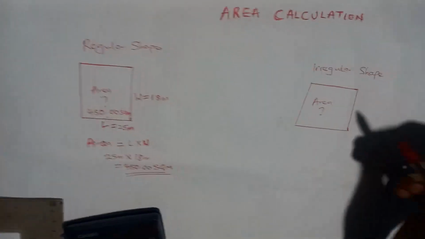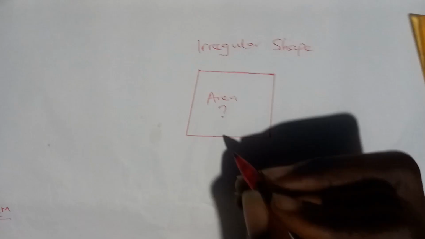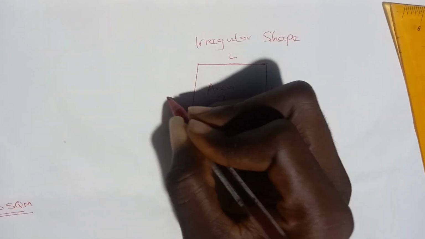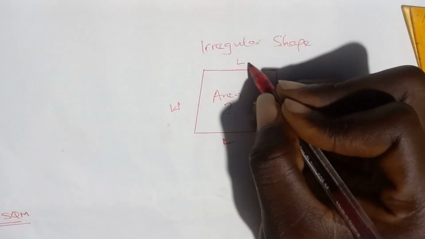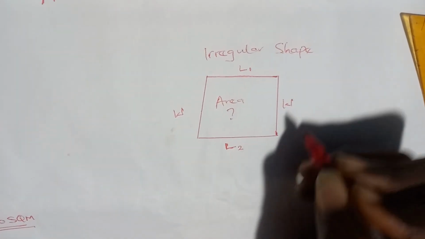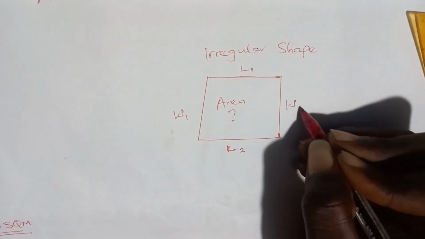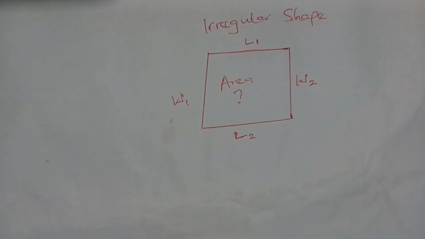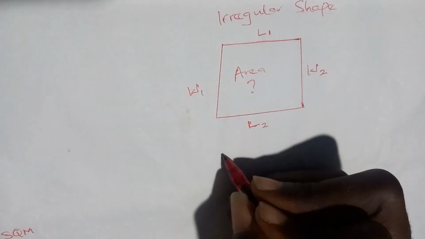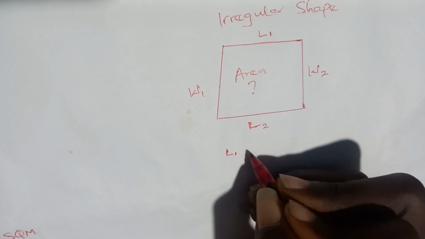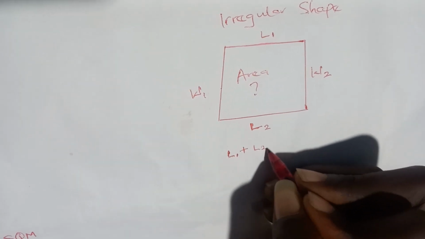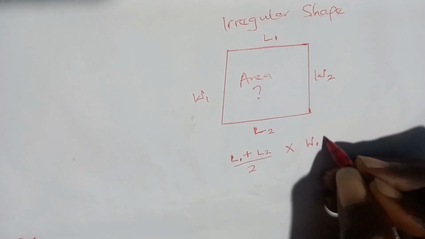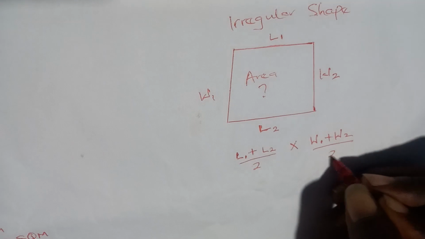But for this one that is irregular, we are going to have lengths and widths. This one is going to be L1, this is L2, this is W1, and this is the width 2. To get the area of this irregular shape, I'll simply say my L1 plus my L2 divided by 2, then multiply by my width 1 plus my width 2 divided by 2.